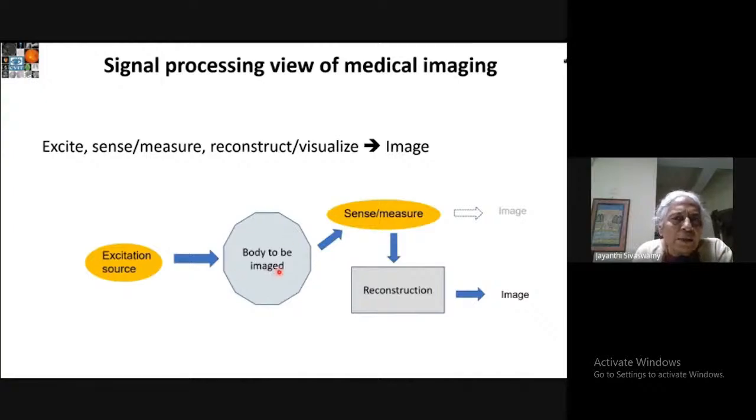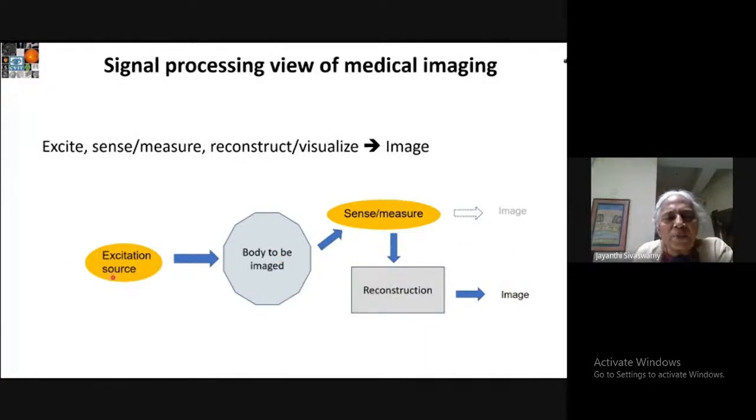The X-ray will pass, and on the other side you put an array of sensors or do measurements, and you can sometimes get the image directly. That's what happens in an X-ray. Whereas in an MR, you have to measure and do a lot of computation, which we call a reconstruction process, and only then will you get an image. So if I change the excitation source, I get the image formation in a different way.